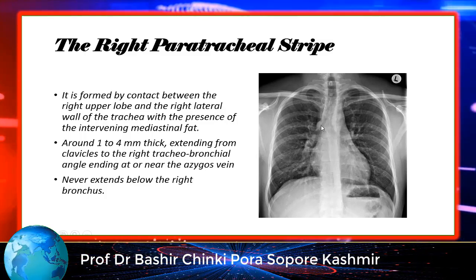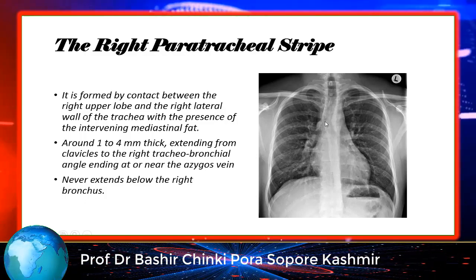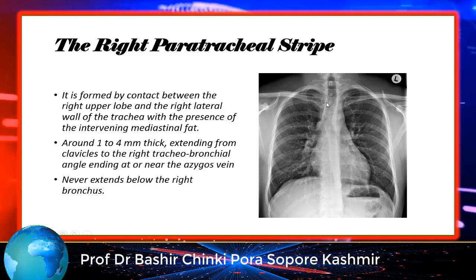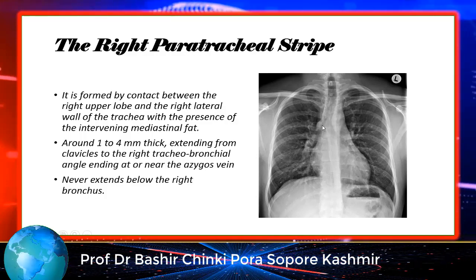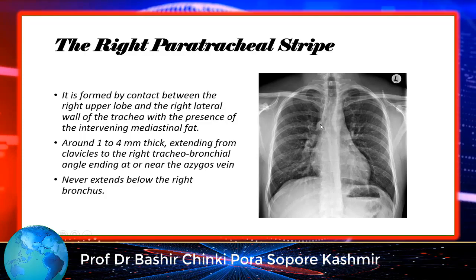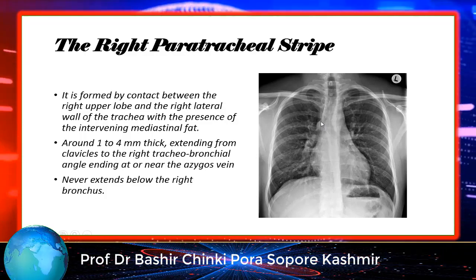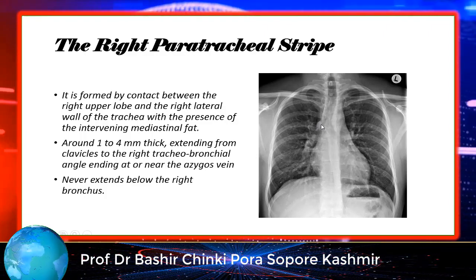So this is the tracheobronchial angle, that means where the trachea divides into the right bronchus and left bronchus. So it extends from the clavicle up to the tracheobronchial angle, and ends at or near the azygos vein. The circular opacity you see here is the azygos vein.